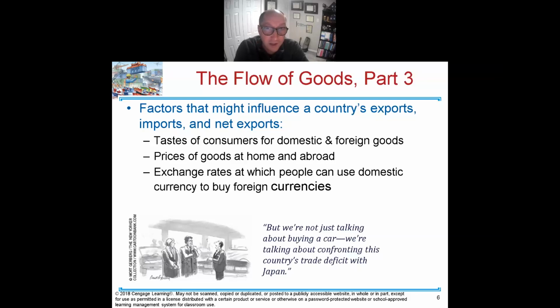Another thing that has an effect on an open market is exchange rates. Exchange rates, as you recall, is the rate for exchanging currencies.